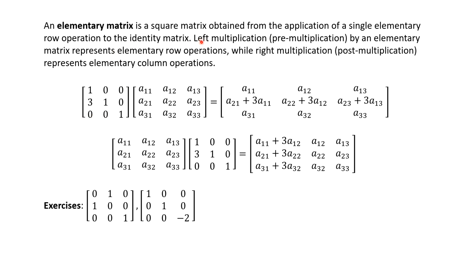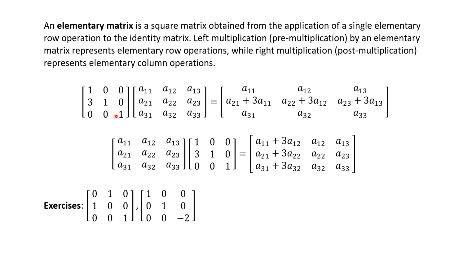And then let's see if the description here holds true. If we multiply this on the left times some general 3 by 3 matrix, the first row is just the same, unchanged. In the second row, when we multiply through, we're going to get 3A11 plus 1A21, then 3A12 plus A22, and 3A13 plus A23.